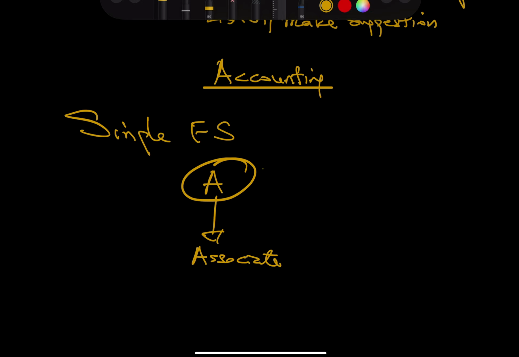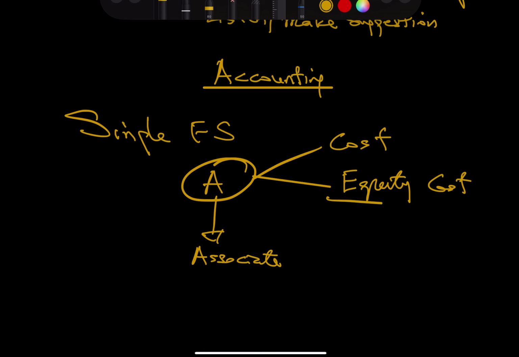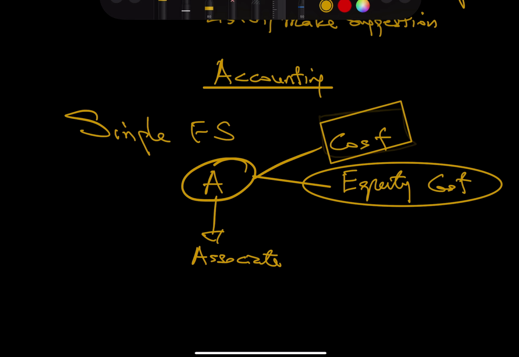And the IFRS gives you two options. You can either do cost or equity method. I'm going to look at equity method when we look at the group account, because that's a topic on its own. But what we are just talking about is that in the single standalone financial statement, you can just recognize at cost less any impairment.